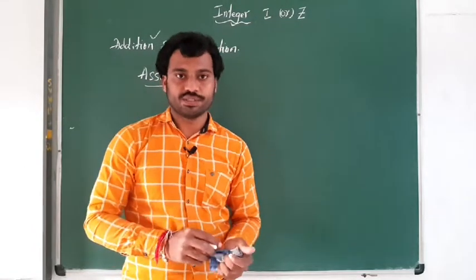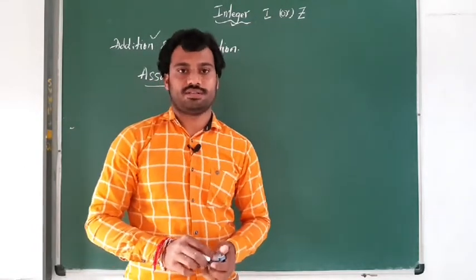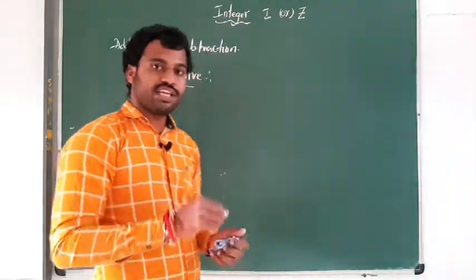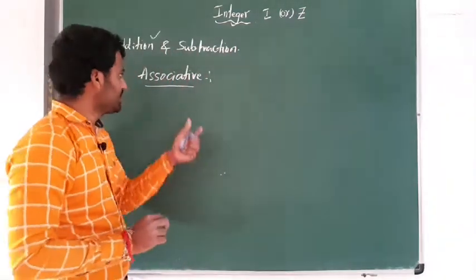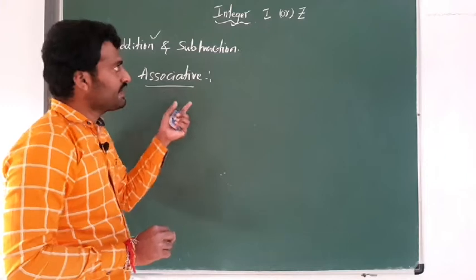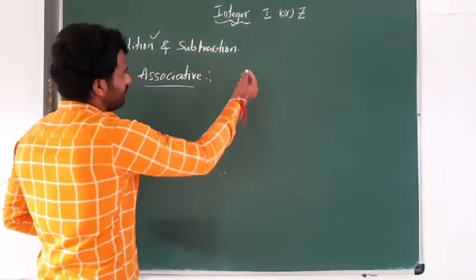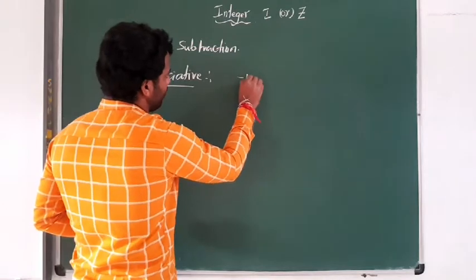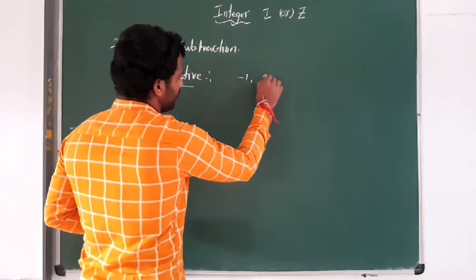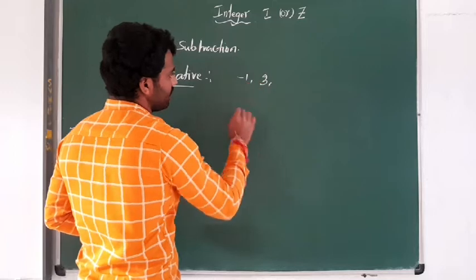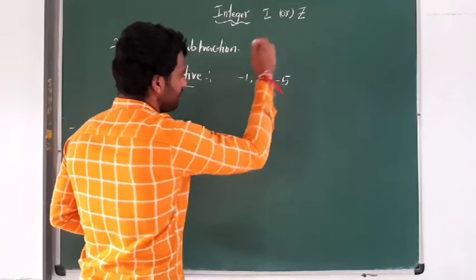Whether it is going to satisfy or not. See, associative property means what we have to do first. In this associative property, first we have to take three numbers. Suppose from the integer side, I will take -1, 3, and -5.